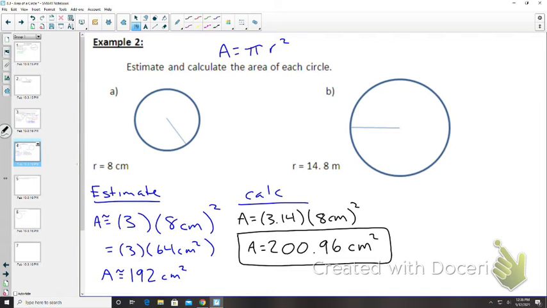Okay, so we're not too far off with our calculation or our estimation. But again, if it asks you to estimate, you can use 3 as an approximation for pi.